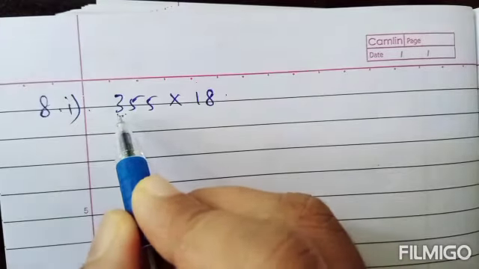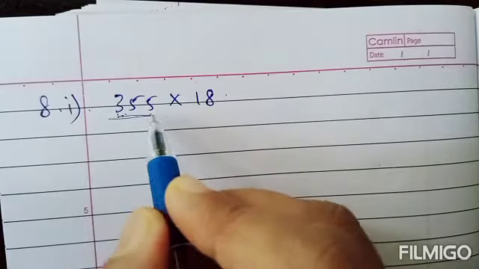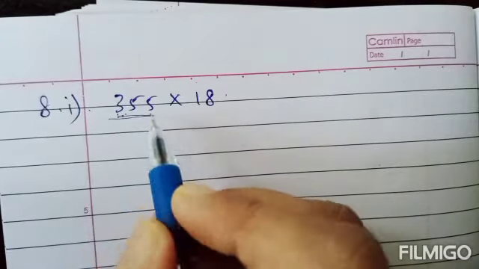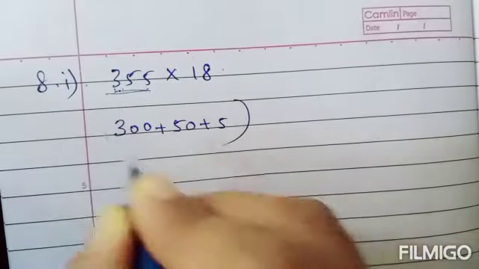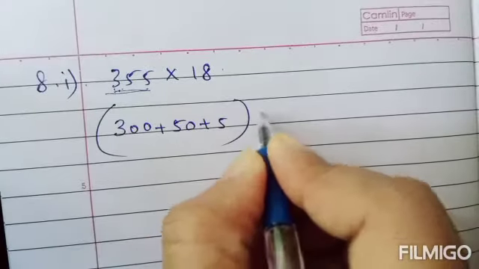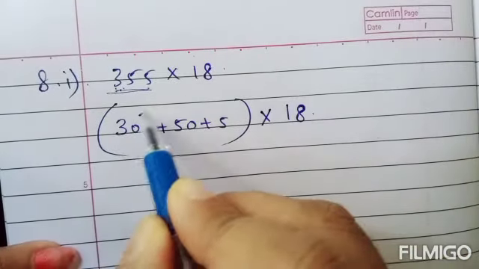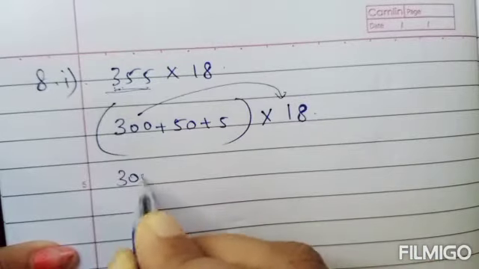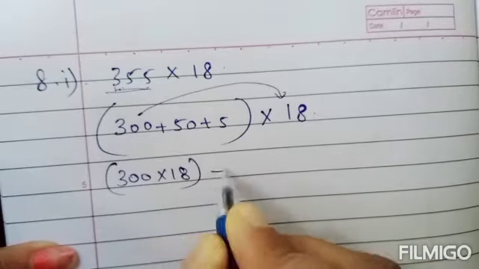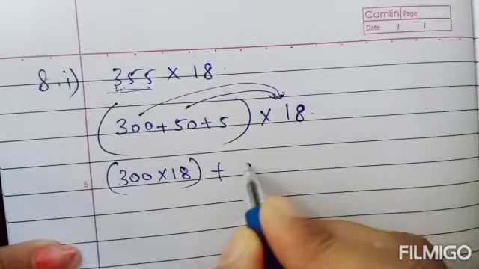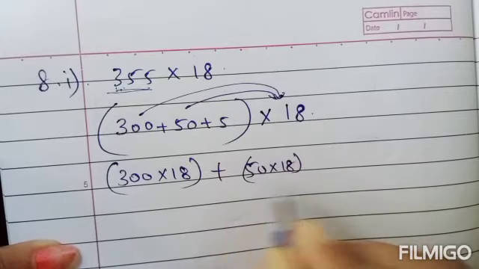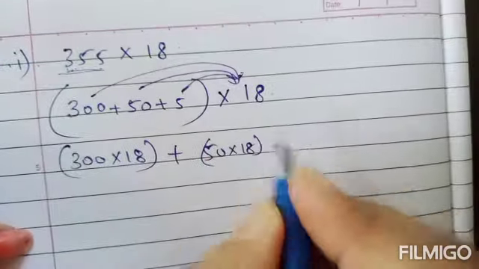Let us split the larger number, 355, like this: 300 plus 50 plus 5, into 18. Now you can use the distributive property here: 300 into 18 plus 50 into 18 plus 5 into 18.